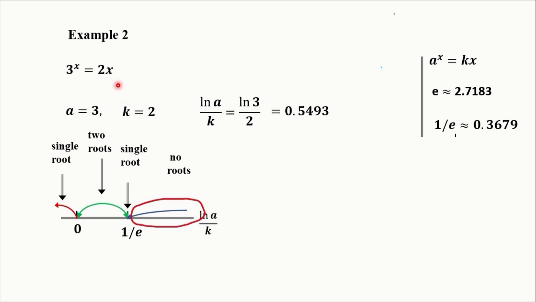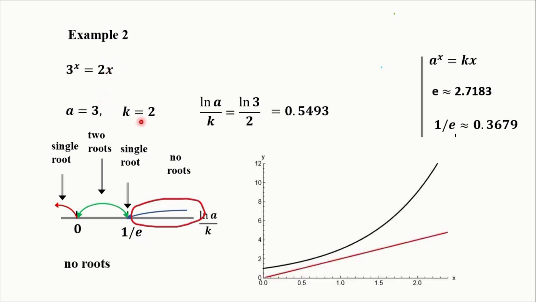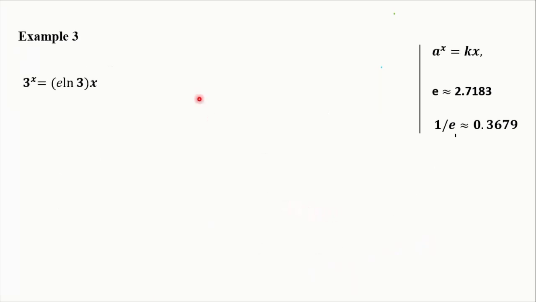We can illustrate this by plotting the left and right-hand sides of this equation, and we see that these two lines have no intersection point.